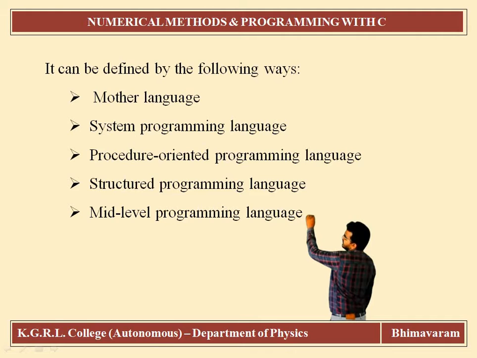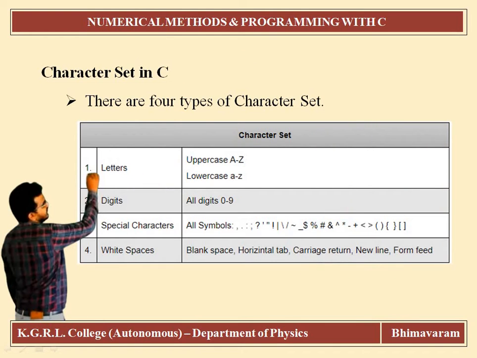C as a procedural language: a procedure is known as a function, method, routine, subroutine, etc. C as a structured programming language: a structured programming language is a subset of the procedural language. C as a mid-level programming language: C is considered a mid-level programming language because it supports the features of both low-level and high-level languages. A C language program can also be converted into assembly code.